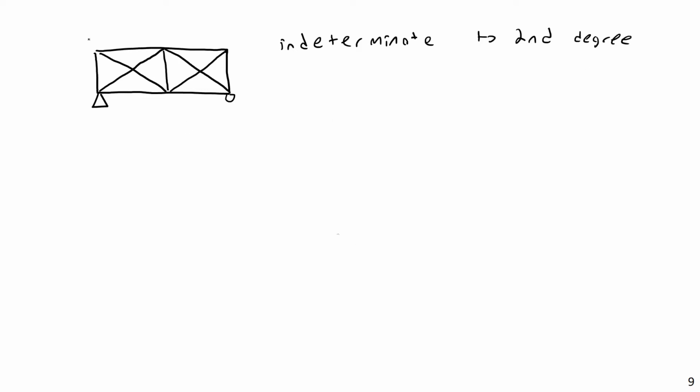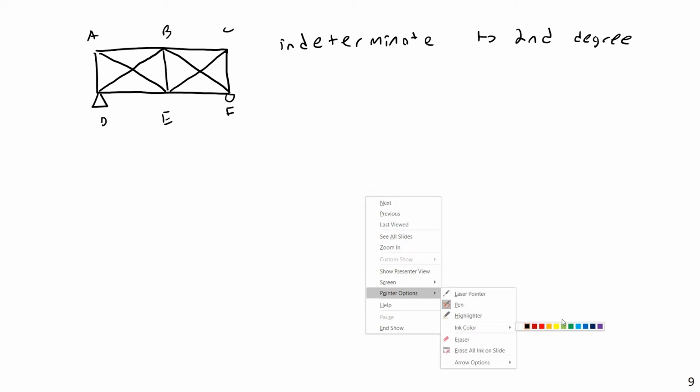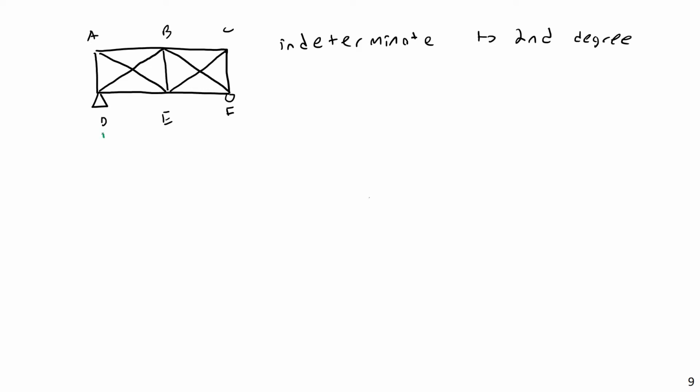So if I were to then give some joint names, let's say A, B, C, D, E, and F. And then let's give some dimensions. Let's say D to E is 8 feet and 8 feet, and then let's make it 6 feet high. So kind of a very short bridge here.